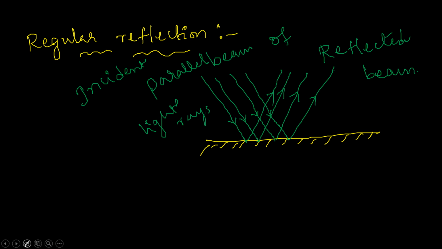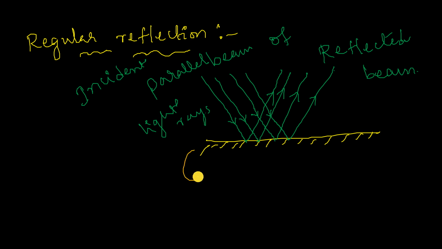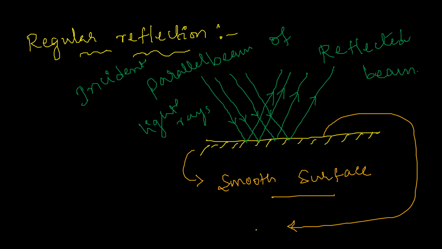Regular reflection takes place on a smooth surface. Here the smooth surface is a plane mirror. So this is about regular reflection.